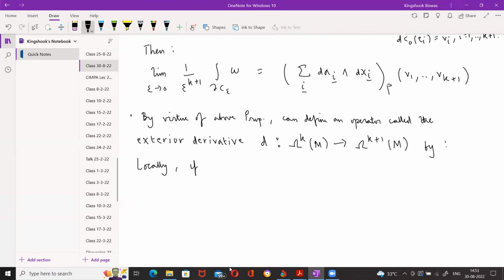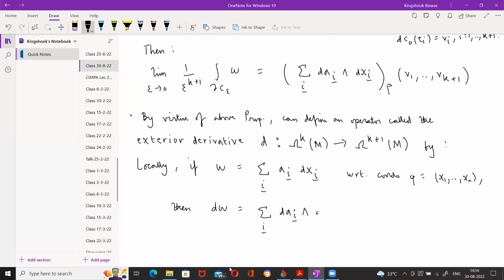If omega is equal to sum over I bar a I bar dx I bar with respect to coordinates x1 to xn, then d omega is sum over I bar dA I bar wedge dx I bar.